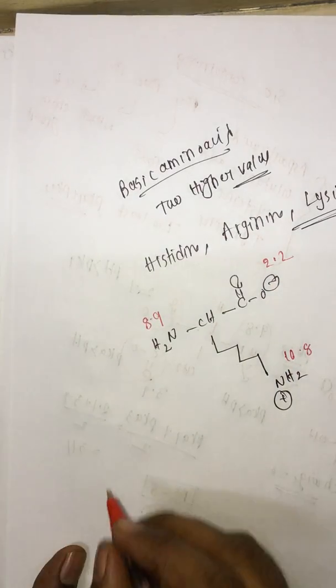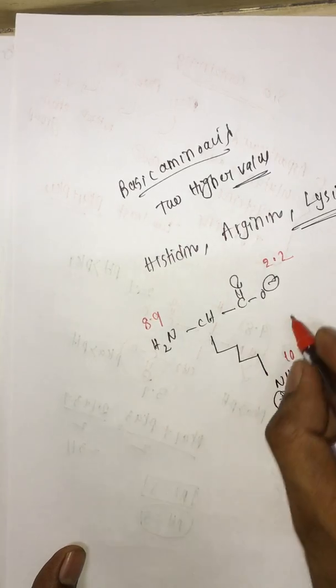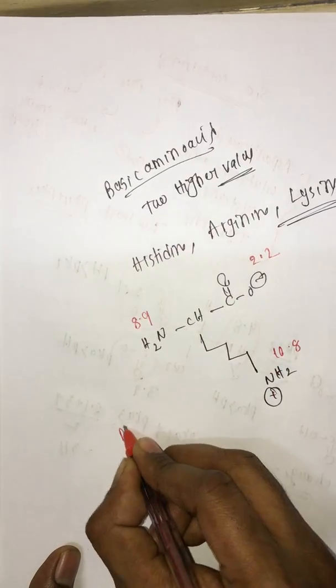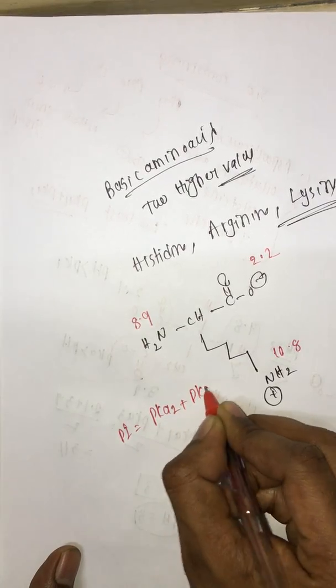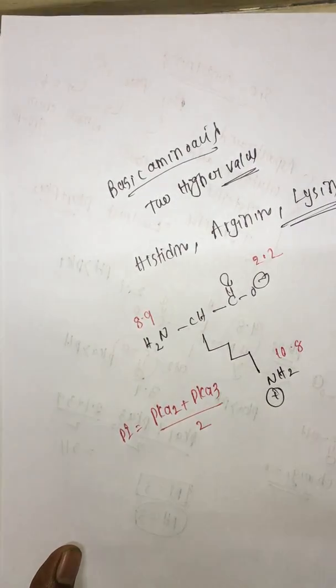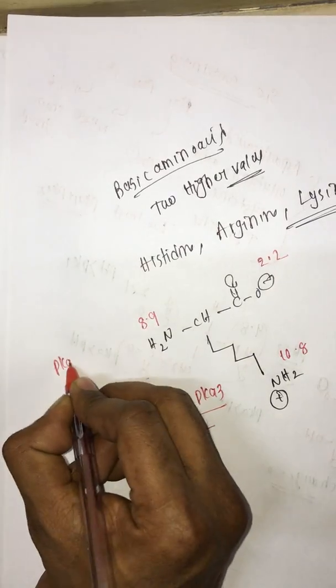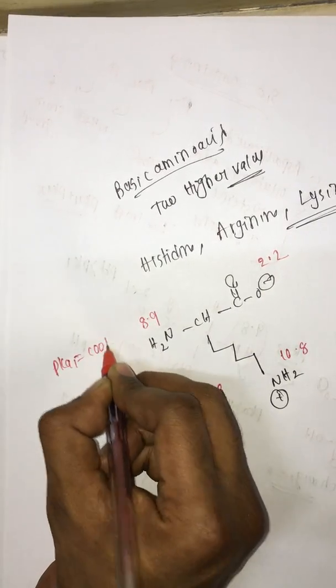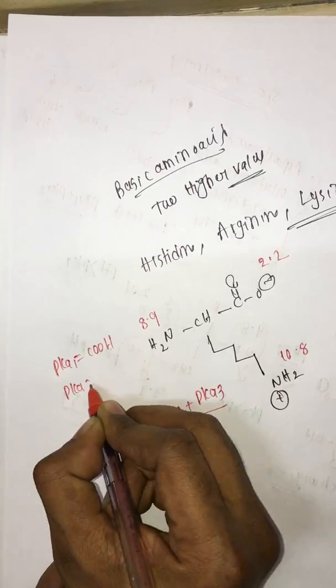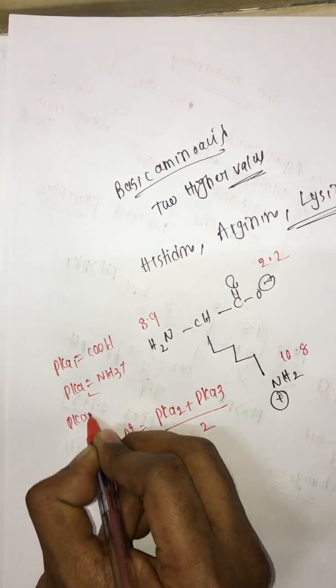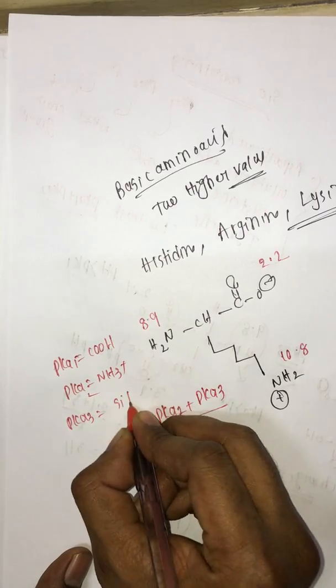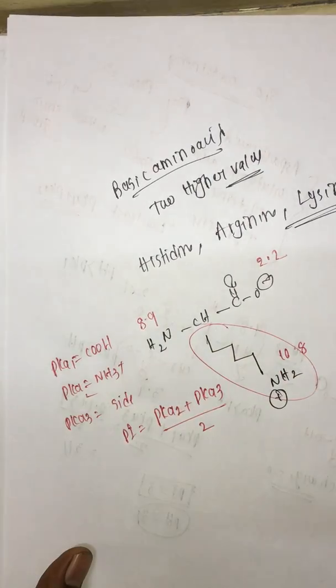So for basic amino acids we have to take pI equals pKa2 plus pKa3 by 2. Always remember, pKa1 is for the carboxylic acid, pKa2 is for NH3 plus, and pKa3 is for the side chain group. So this is the side chain group.